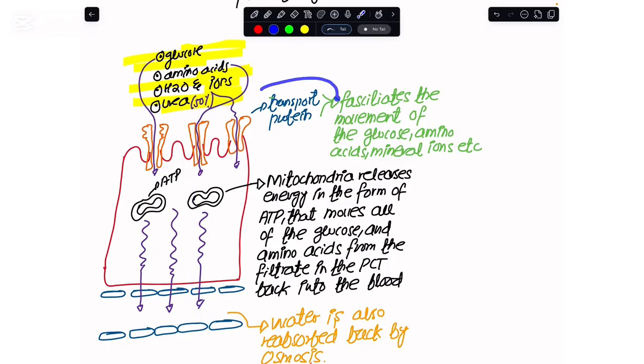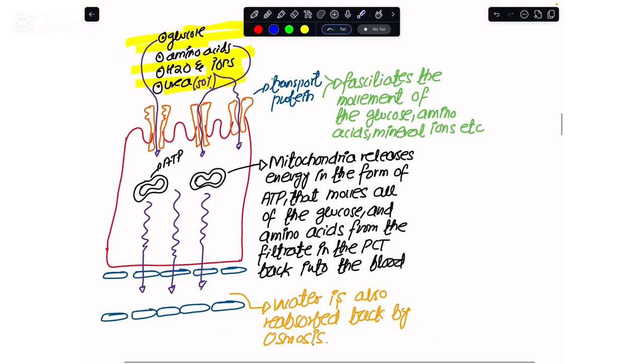The transport proteins assist the movement of every specific useful substance in this filtrate. And when I have moved the glucose, amino acids, vitamins and minerals back into the blood, the water potential falls. That allows water to move by osmosis from the filtrate, and ultimately the water is returned to the blood plasma.